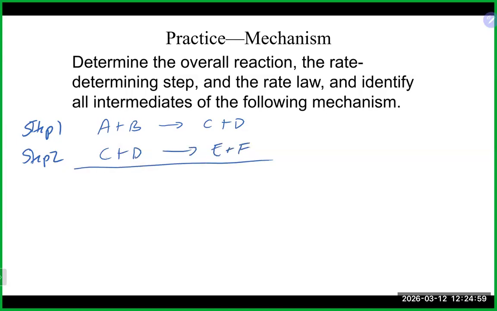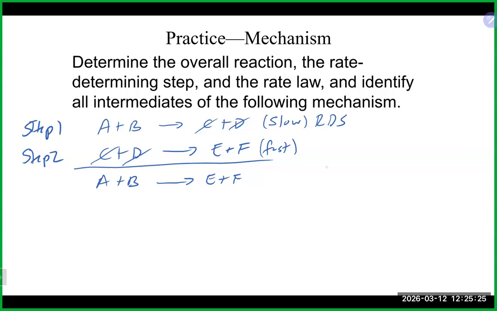So again, our overall reaction, as our intermediates cancel out, is A plus B goes to E plus F. How does that look when we draw the energy diagram for what's happening in this overall reaction? We'll say, for example, that the first step was our slow step, and this is our fast step. That would mean the rate determining step is the first step in the mechanism.